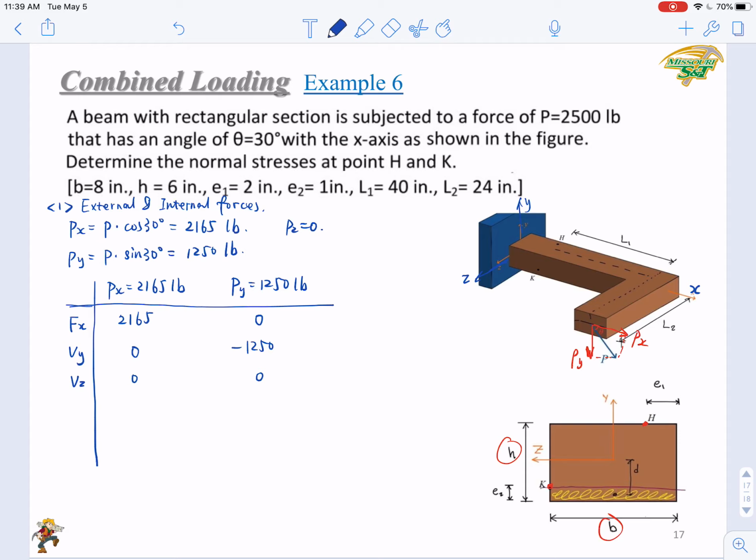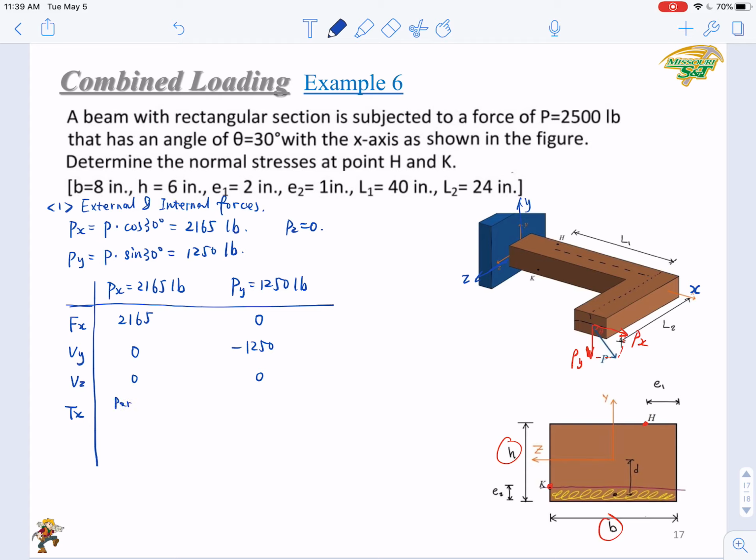How about tau x, Tx? Since we have determined that the x is axial direction, so the moment about x will be a torsion, will be a torque, right? So the Tx will Px make a torque? No, parallel, right?